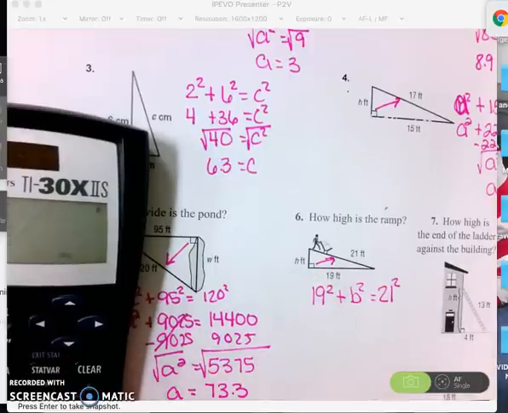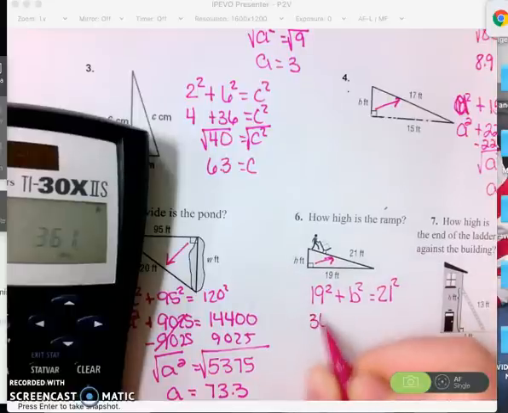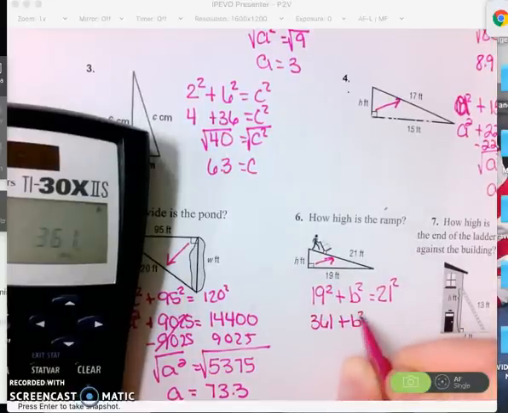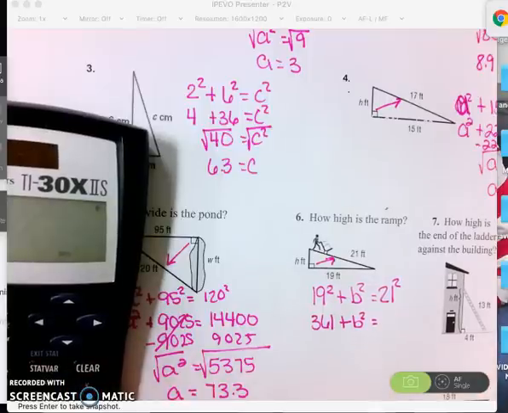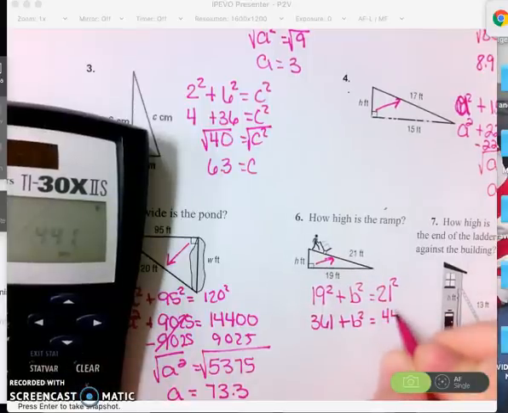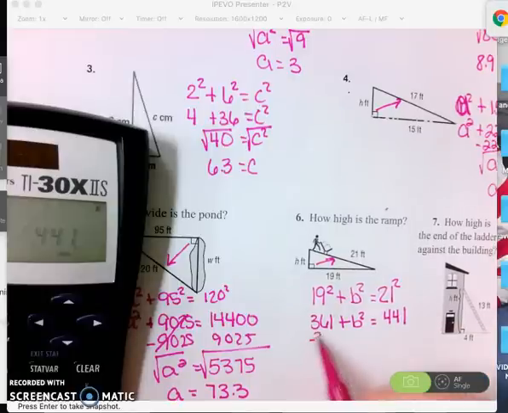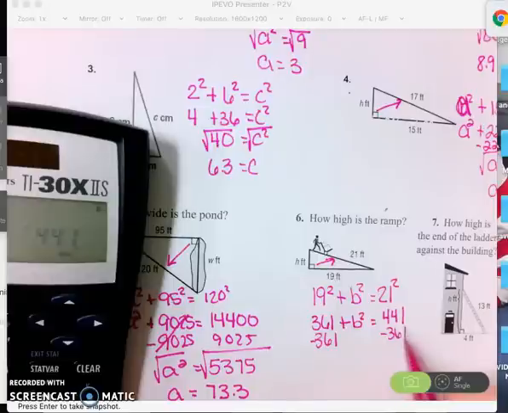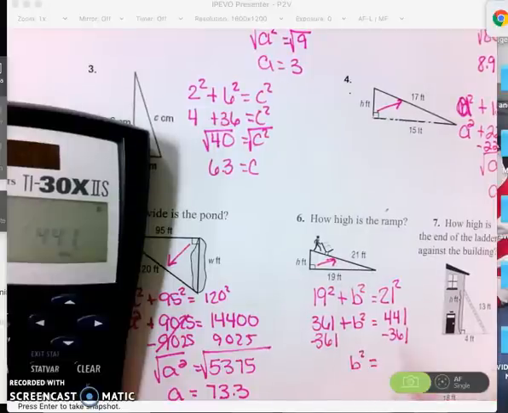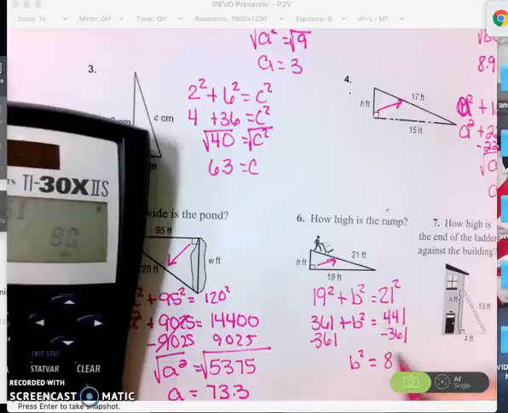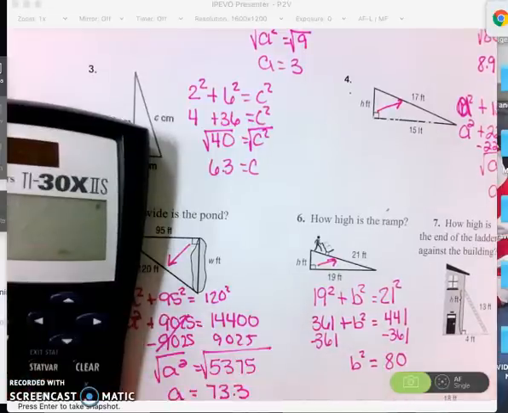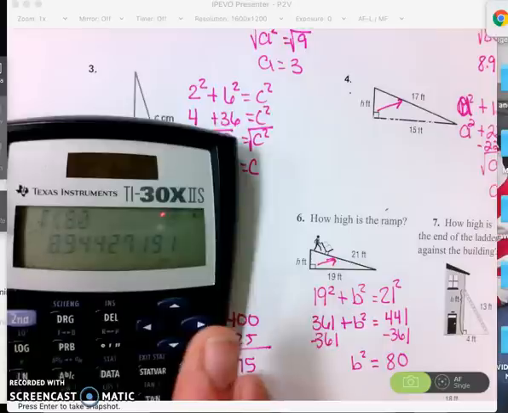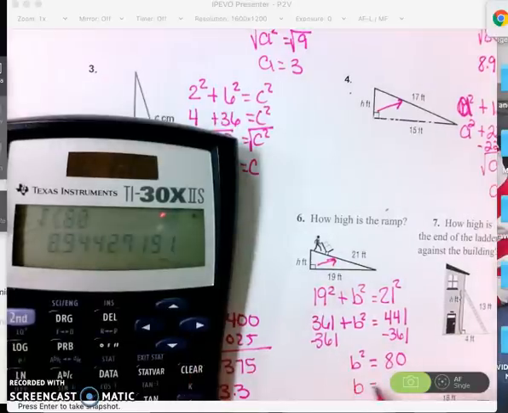Okay, so 19 squared is 361 plus b squared equals 21 squared, so 441. I need to subtract that 361 from both sides, leaving me with b squared on this side, and just take my answer and do 441 minus 361, which is 80. So I need to find the square root of 80. Again, b equals 8.9.